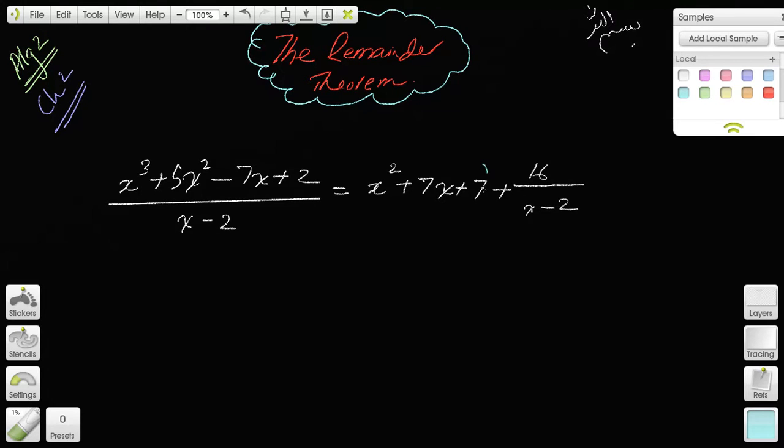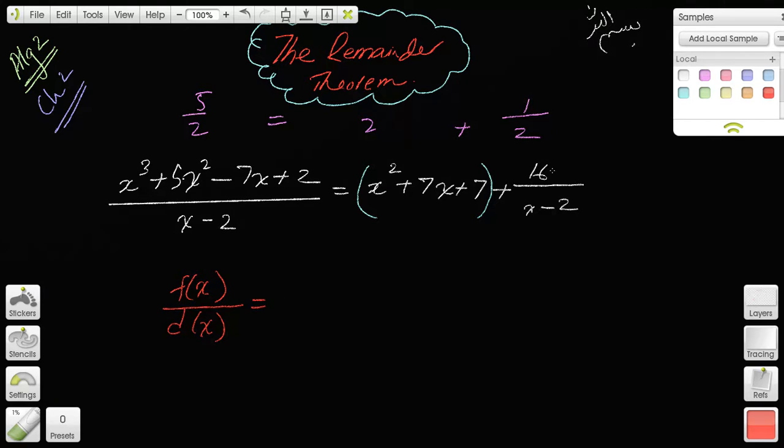Okay, so now there's some terminology here. This analogy is similar to what I just said. 5 divided by 2 equals 2 plus the remainder, which is 1 over 2. So right now, the terminology that we need to know is this.